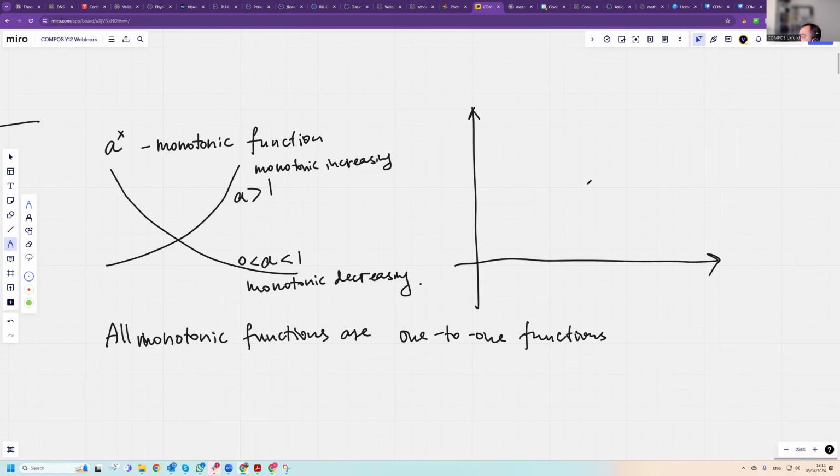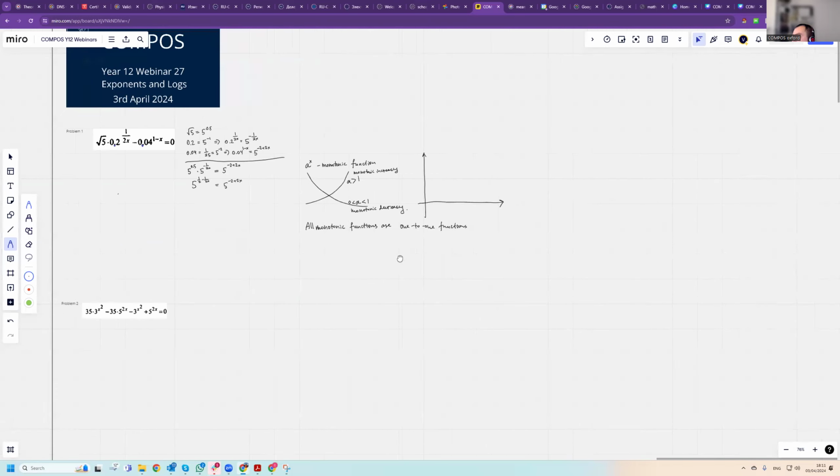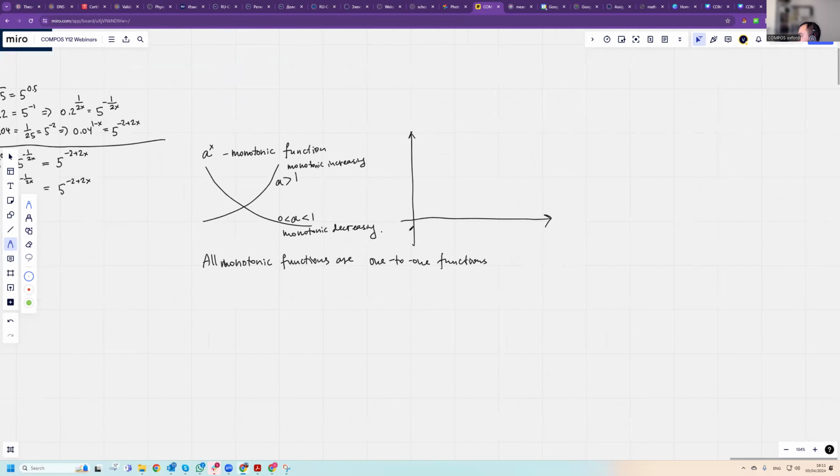So monotonic functions. Is there anyone here who doesn't understand what a monotonic function is? Don't be shy. It's not something you study in A level. Just please let me know. Otherwise, do you know what a monotonic function is?